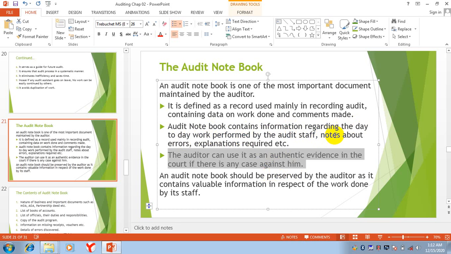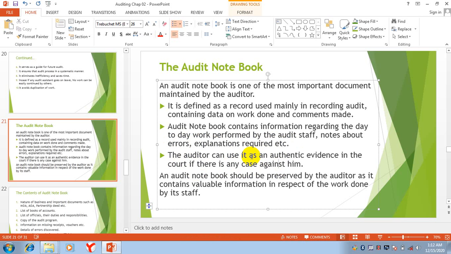We write notes about errors, we call for explanations from different company staff members. So each and everything will be recorded in this. This will be evidence if there is a case against the auditor in the court of law.